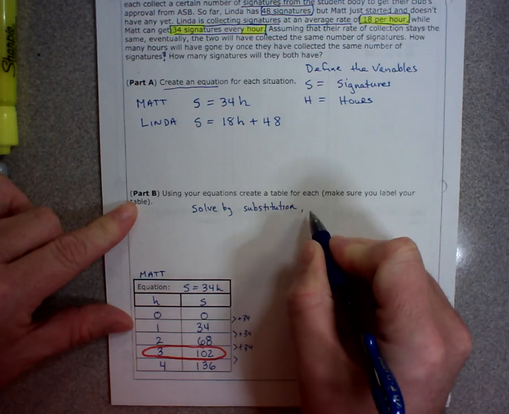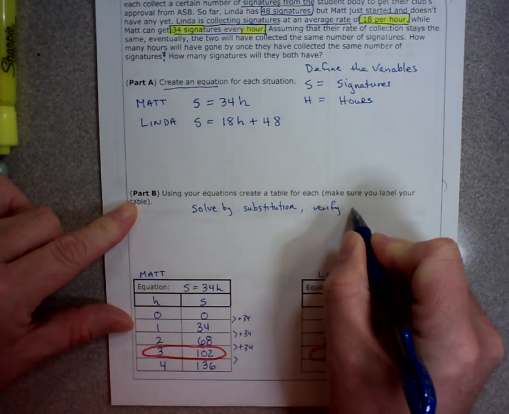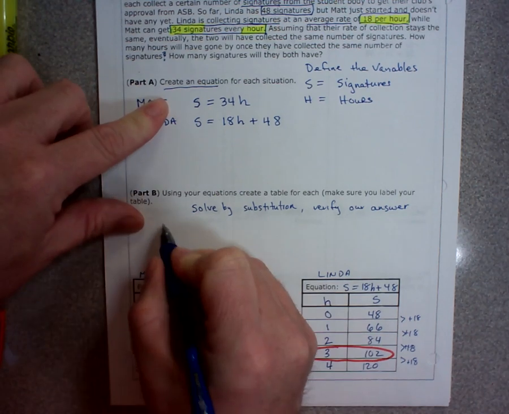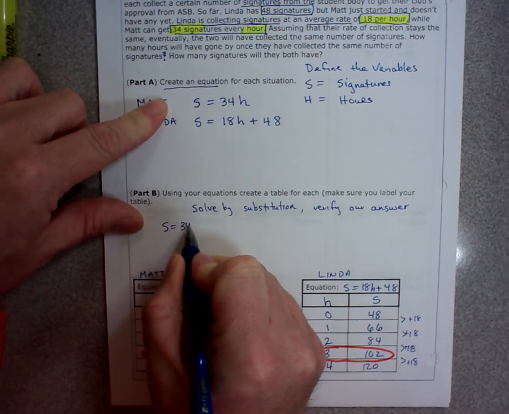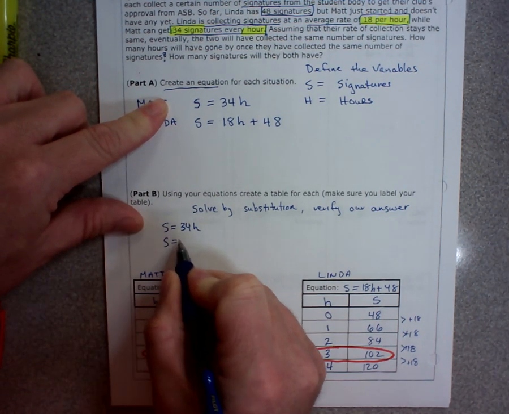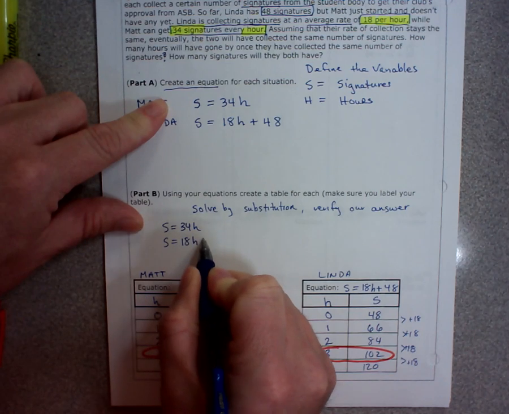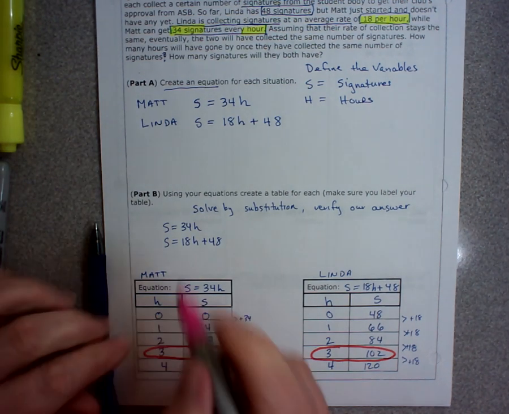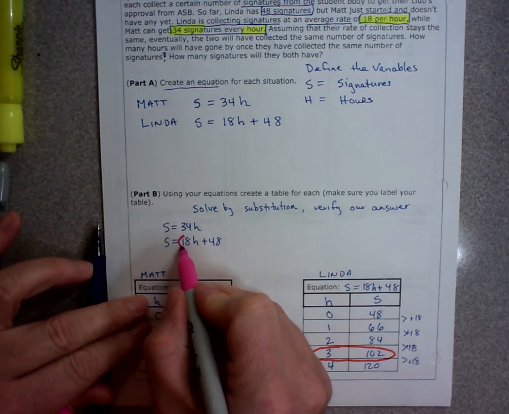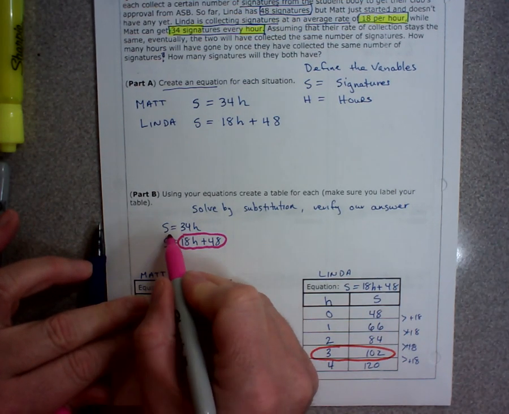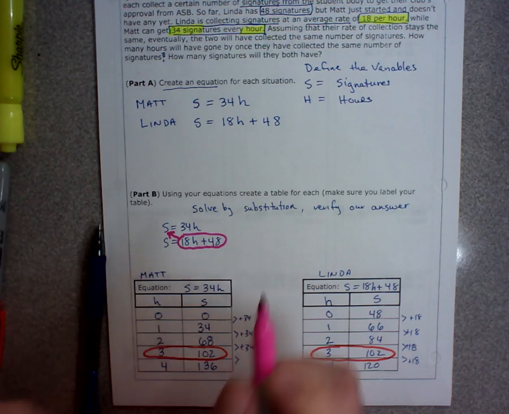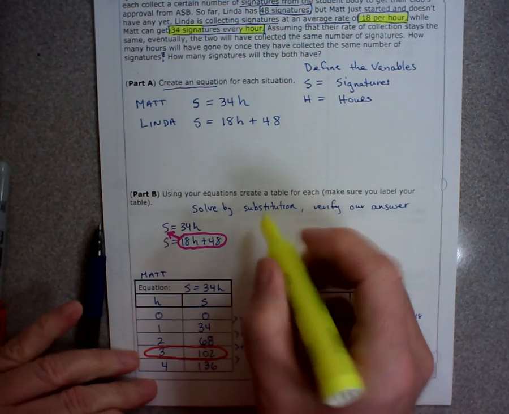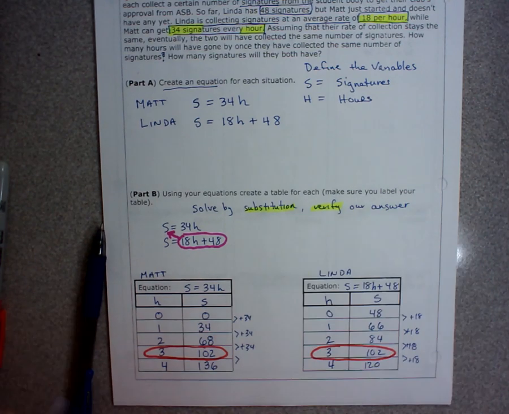And then that way we can verify our answer. Well, we have S equals 34H and S equals 18H plus 48. So essentially, I can take this solved for S and replace S right there using substitution to verify.